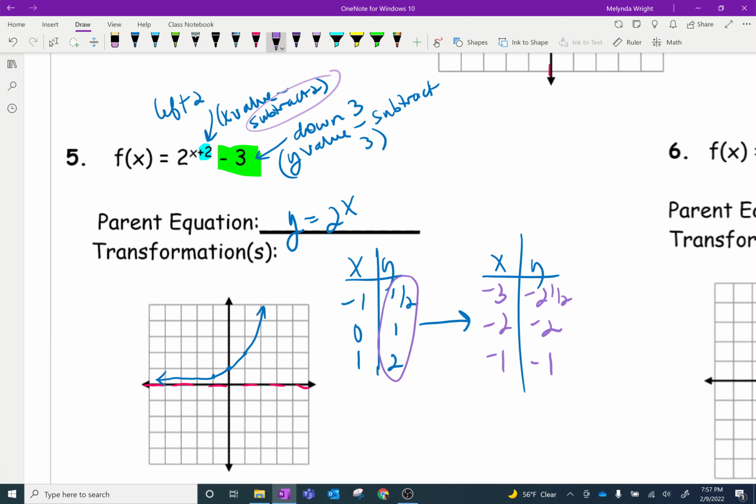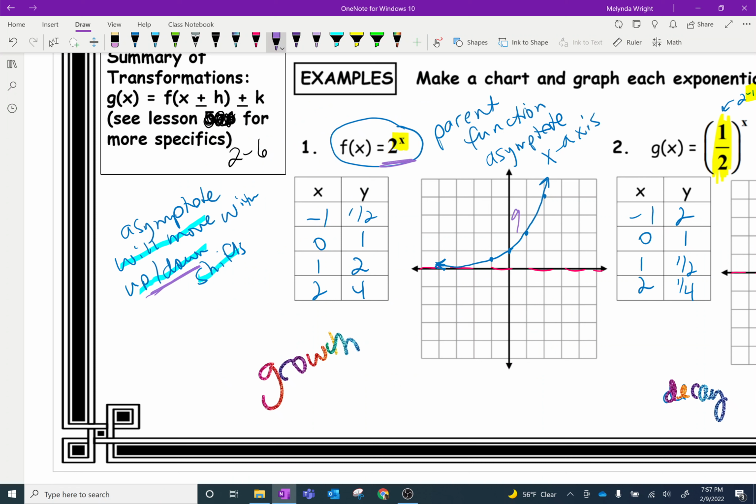These asymptotes have to stay with the function itself. So if this function moves up, the asymptote's going to move up with it. But if the function moves left and right, well, it doesn't affect the asymptote. It would be just sliding left and right. That's why the up-down shifts affect exponentials' asymptotes.